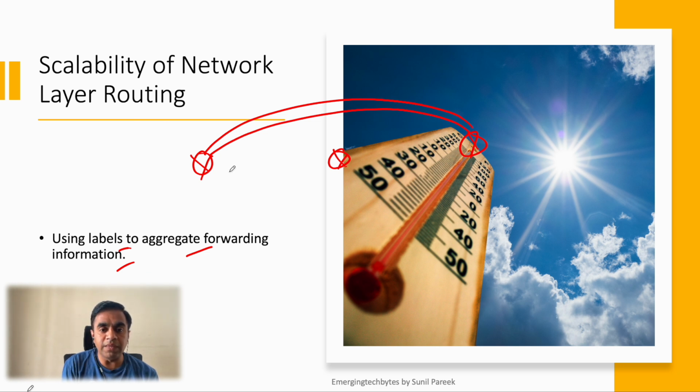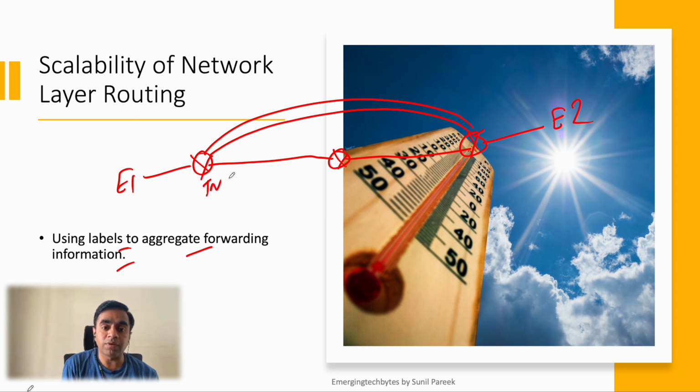So there will be this tunnel, a virtual tunnel that will be created. Let's say here is my E2 and here is my E1, which are endpoints. And then this guy will supply a label directly to the ingress node.